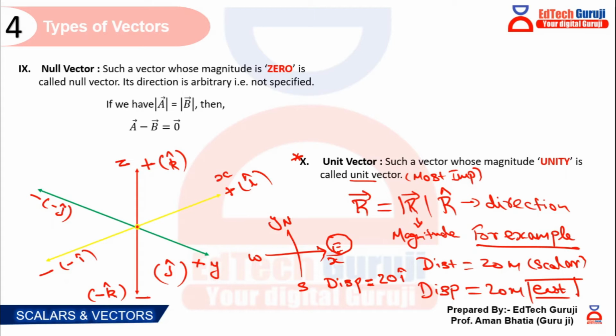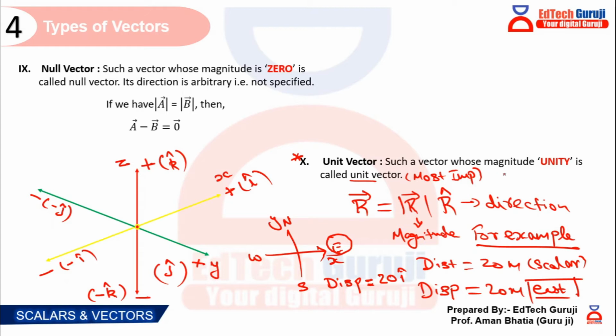When we have more than one vector, we can do some calculation like we do in normal algebra. That is something we will deal with a little later. As I said, I will keep on reminding you about this unit vector. It is very, very important. But for now, you have to understand that any vector has a direction, and the direction can be given as a unit vector, and this is the magnitude.